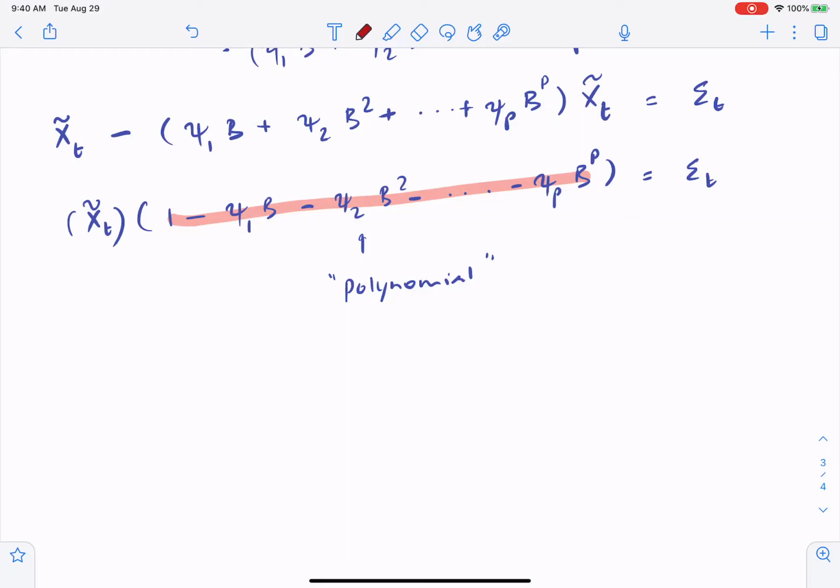Okay, next step, I am going to rewrite the highlighted part. This is my uppercase psi. I'm just going to write psi bigger, equals epsilon t. Divide by uppercase psi.